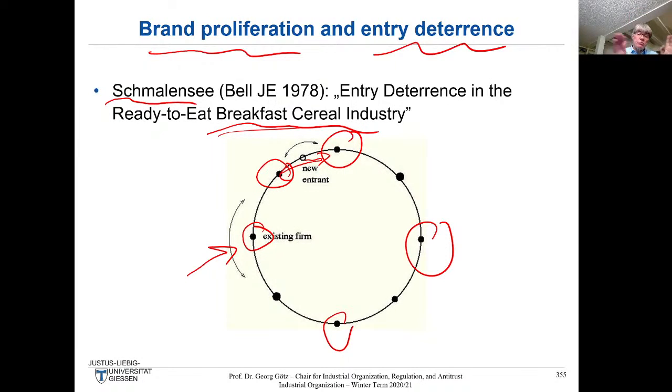Those are critical assumptions, but the idea is rather interesting, and what Schmalensee shows is that these cereal producers really have an incentive to crowd the product space by bringing up new varieties, and therefore trying to keep rivals out of the market. Hopefully this was somehow clear.